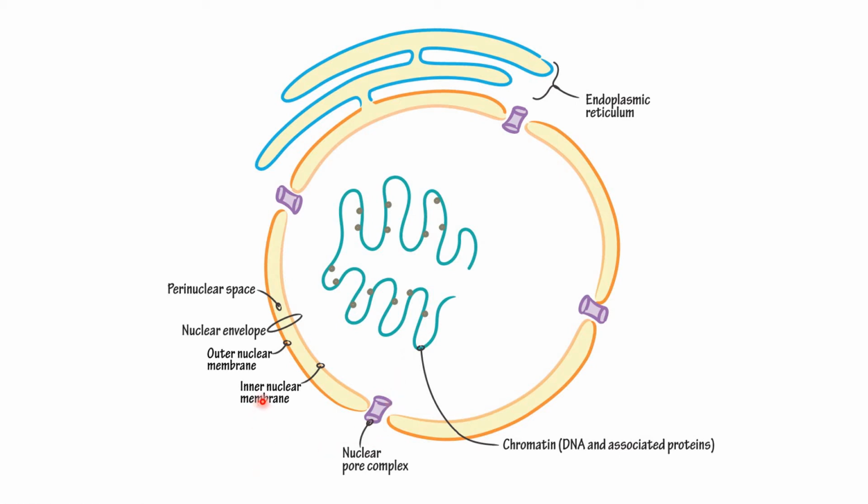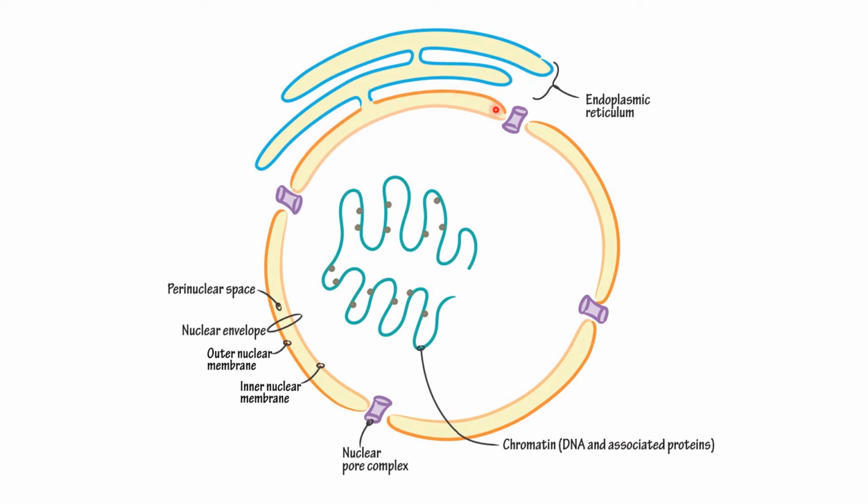And then we have here an inner membrane. This is the part of the covering found inside. The outer nuclear membrane is the part of the membrane that is found outside. And then we have here the perinuclear space. It's found between the inner and the outer membrane. This is the inner membrane, and this one is the outer membrane.